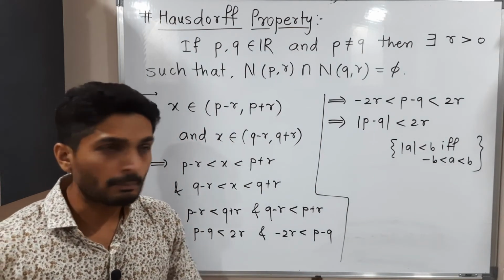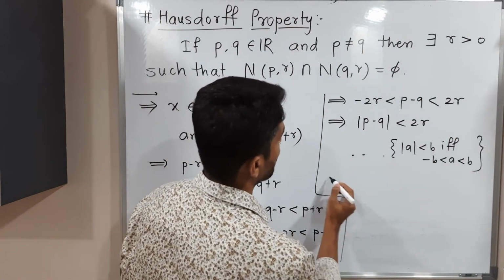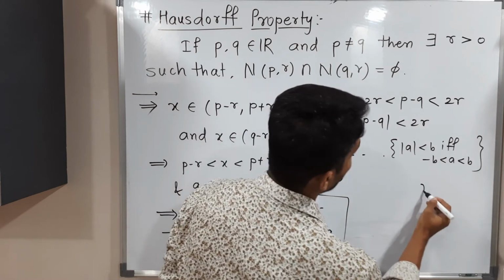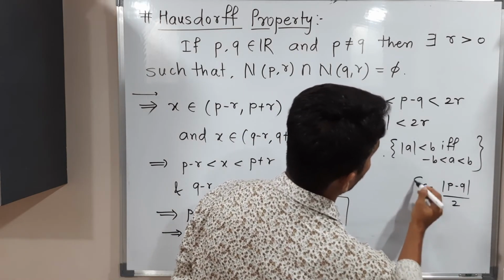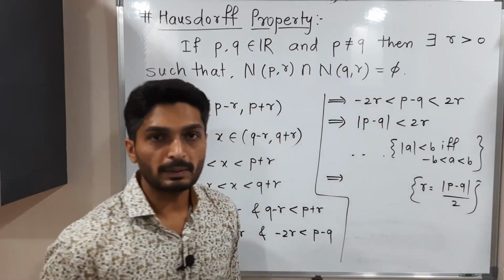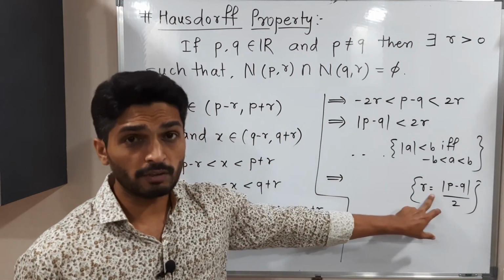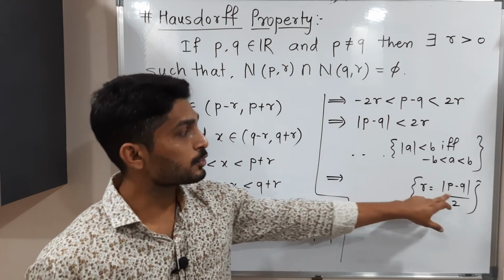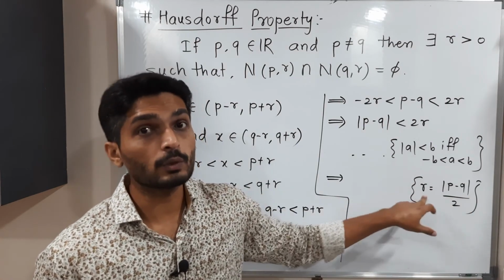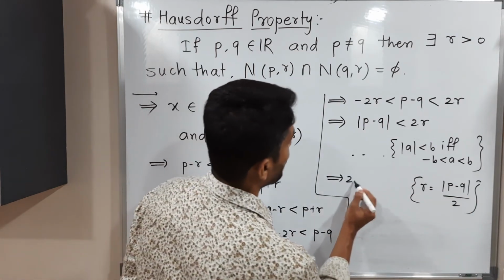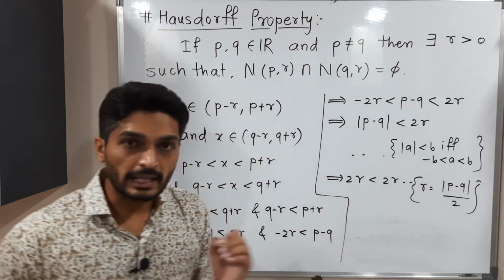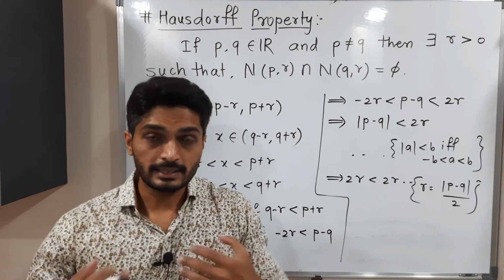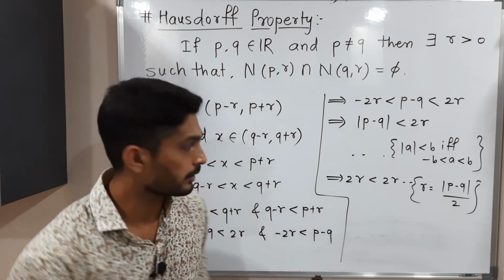But you remember the value of r is mod p minus q by 2, that was our choice of r. So mod p minus q is equal to 2r. Therefore we get 2r less than 2r. Is it possible for any number to be less than itself? It's not possible. We get a contradiction.